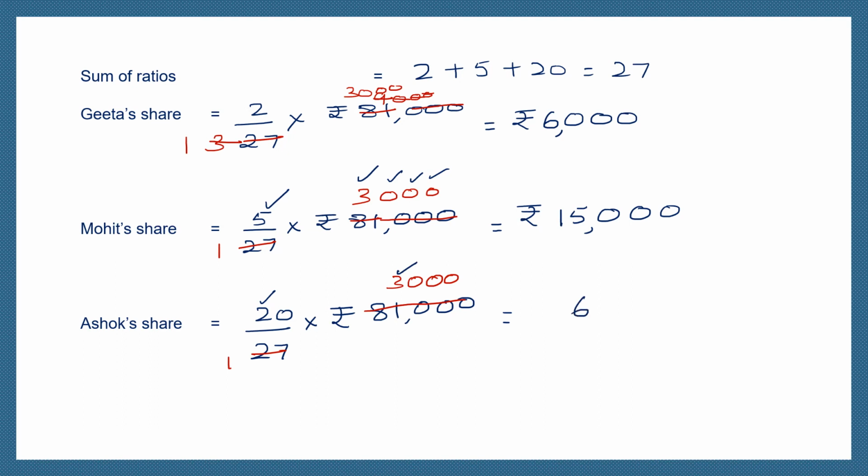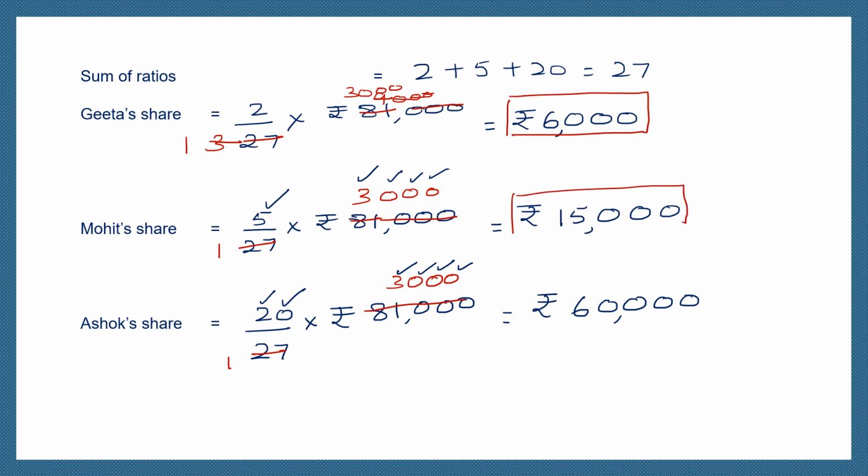Now we'll add all the zeros. 1, 2, 3 and 4. 4 zeros. That makes it 60,000. So now we have found the share of Geeta, Mohit and Ashok. So Geeta gets 6,000 rupees. Mohit gets 15,000 rupees. And Ashok gets 60,000 rupees.